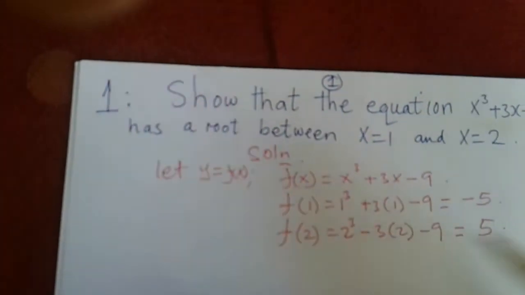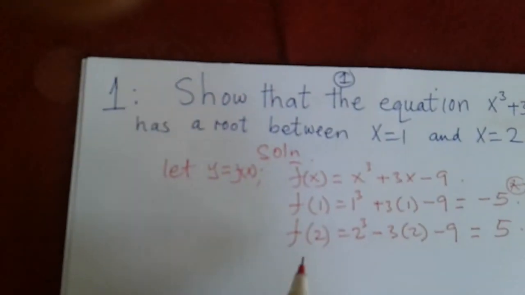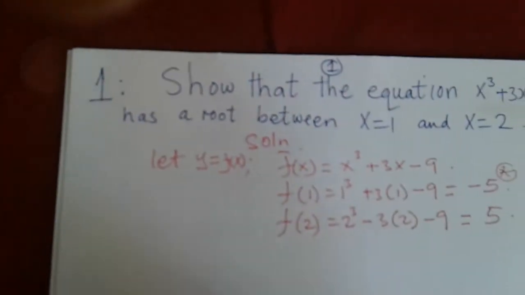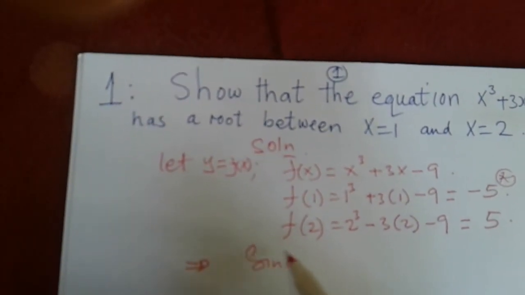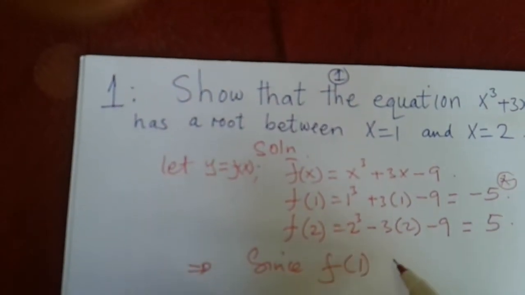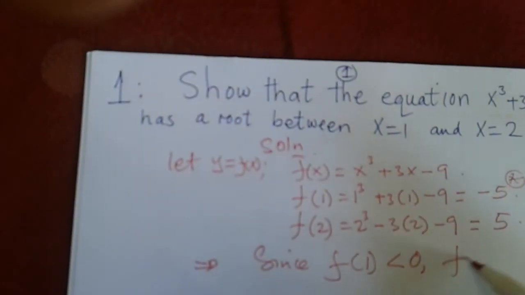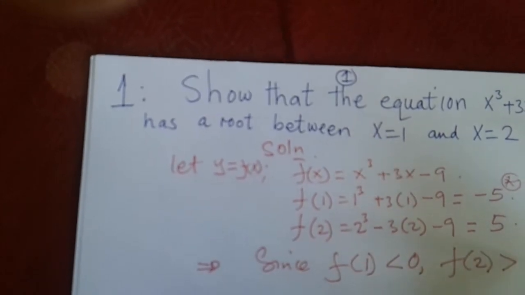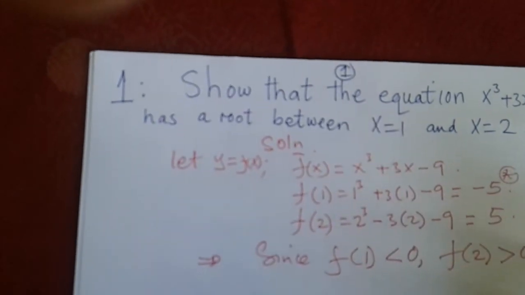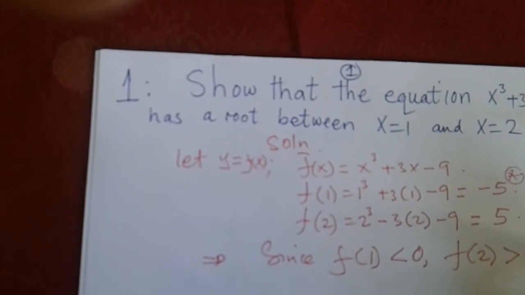Clearly, you will see that f of 1 is negative and f of 2 is positive. You make a conclusion and say that since f of 1 gives a negative, that is a value less than 0, and f of 2 gives a positive, a value more than 0, there must be a root between 1 and 2.